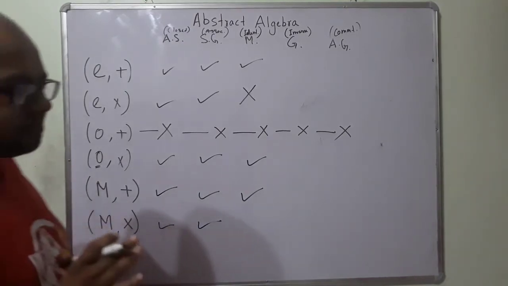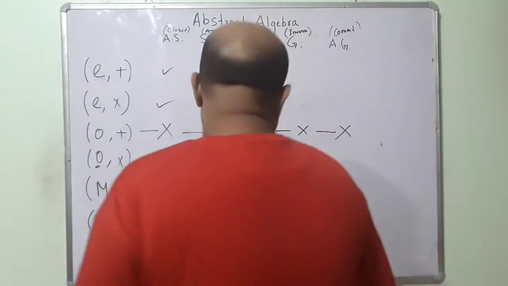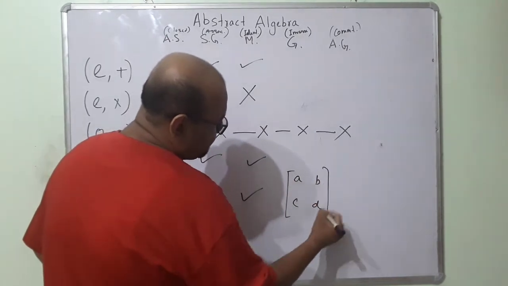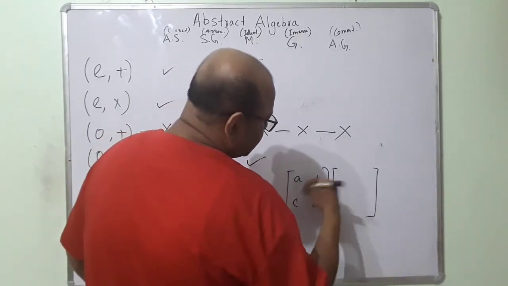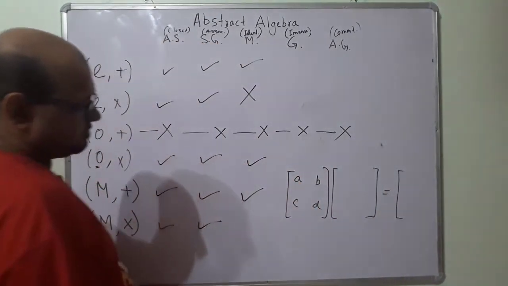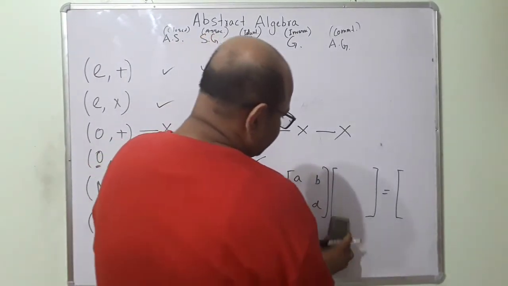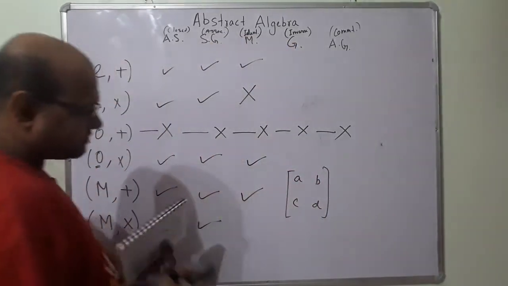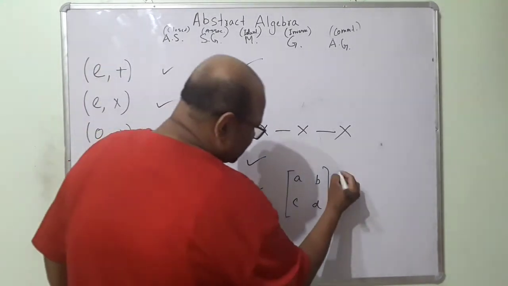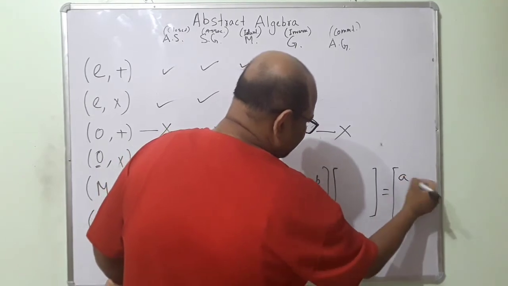What about the multiplicative identity in the case of matrices? If I have some matrix A, B, C, D, what matrix can I multiply with it so that I will get back the same matrix? My question is this. What is it that when I multiply with this matrix, I will get back this matrix?